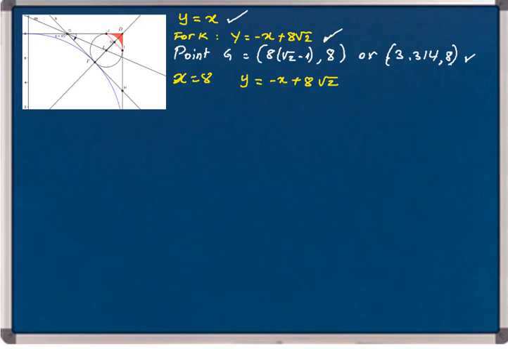We just plug in x, and so y of H is equal to minus 8 plus 8 square root of 2, which is 8 times the quantity square root of 2 minus 1. Okay, so the coordinates will be x equals 8 and y equals 8 times the quantity square root of 2 minus 1.